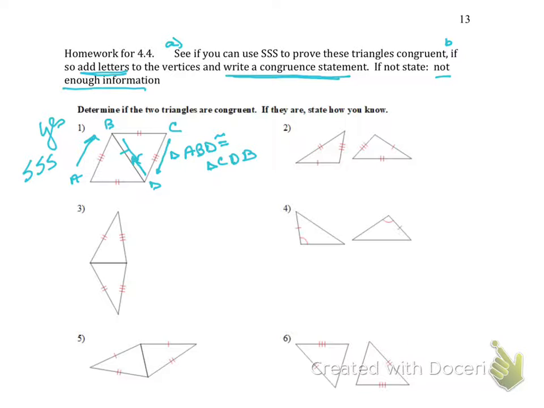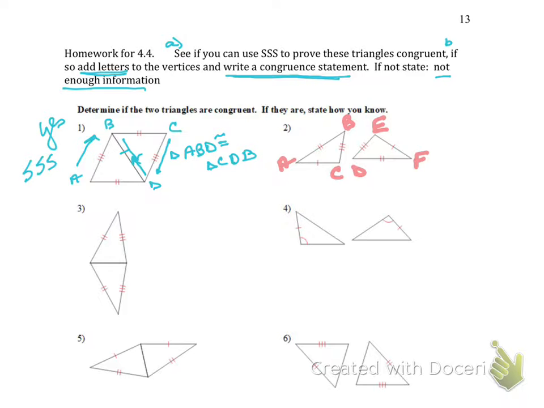So I see I have 3 equal triangles, because I have a 1, a 1, a 2, a 2, a 3, a 3. Okay, so let's label it. Now be very careful because your orientation is not going to be the same. So let me get a mark and a pen.